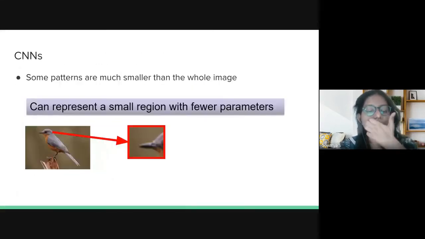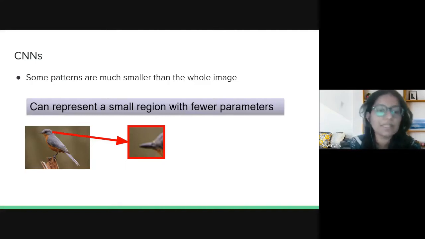So the idea is, imagine we had a bird classification task. Now, some of these patterns are much smaller than the whole image. So for example, only this particular portion is going to detect that there is a beak, which is one of the things that are going to identify it is a bird. So let's say this is an animal classification rather than a bird classification.